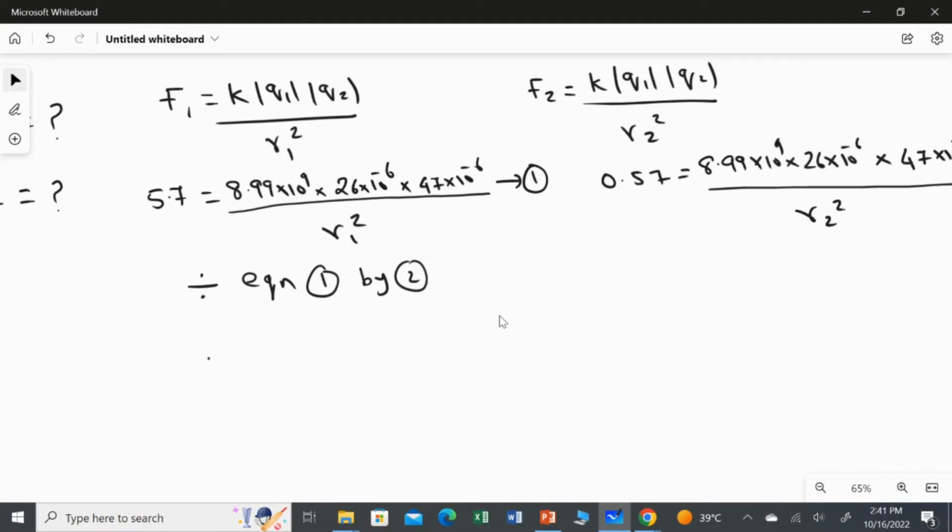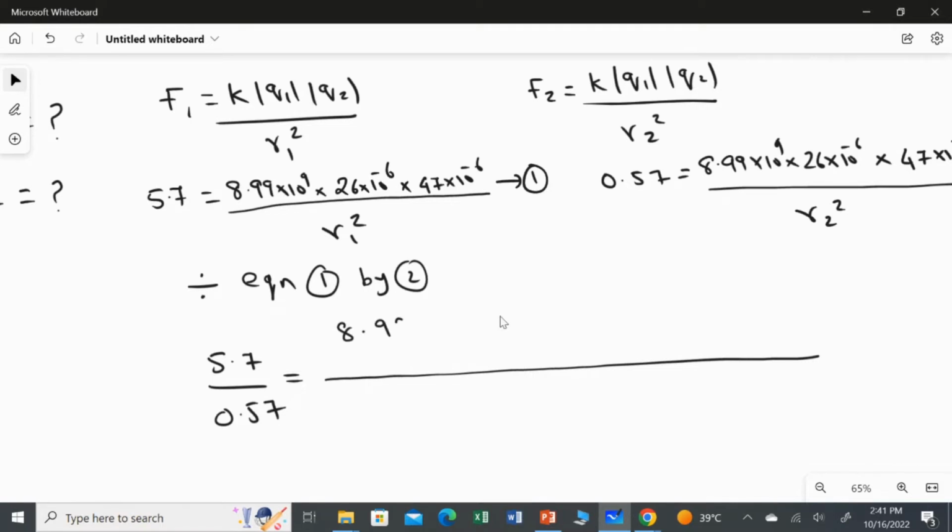So what will you get on the left hand side? 5.7 over 0.57, which is equal to this value divided by this value. Am I right? So I'm going to write 8.99 multiplied by 10 to the power of 9 multiplied by 26 multiplied by 10 to the power of minus 6 multiplied by 47 multiplied by 10 to the power of minus 6 divided by R1 square.